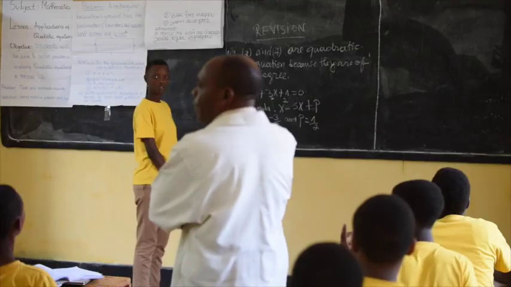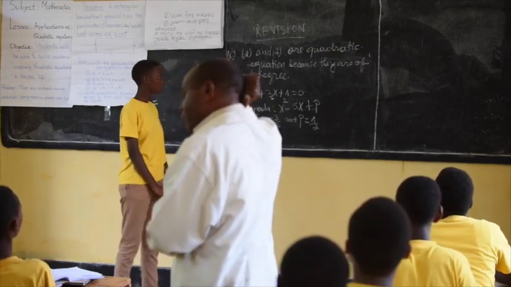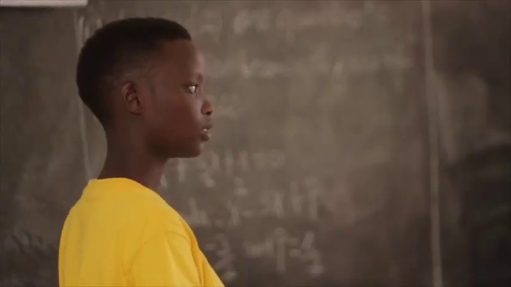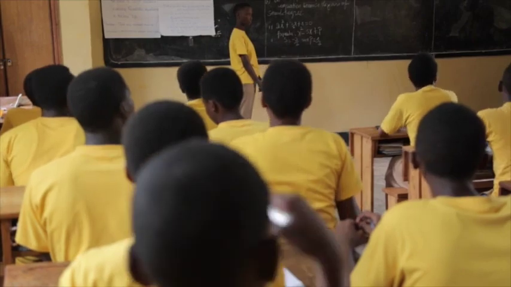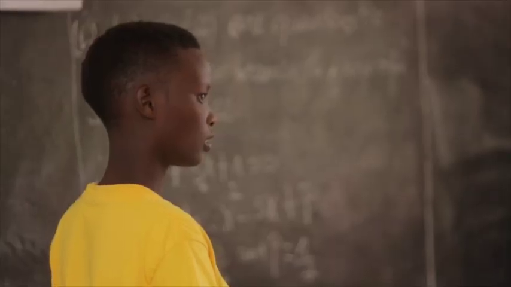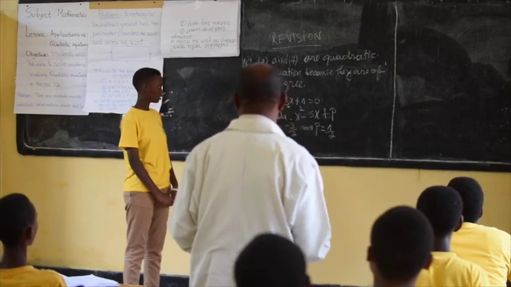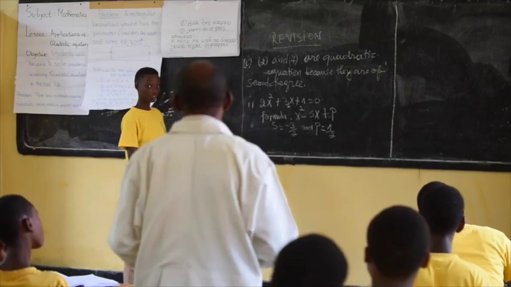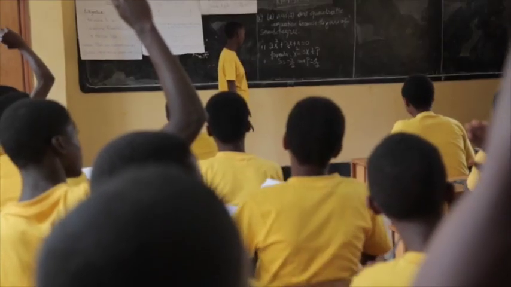Okay, good. Now, as she answered the question, she gets the sum and the product, but the question is to write this quadratic equation in terms of the sum and the product of the roots. Where is now this equation in terms of the sum and the product?